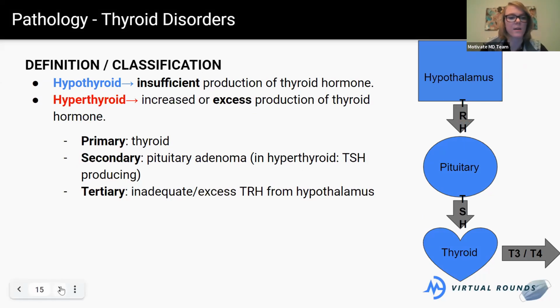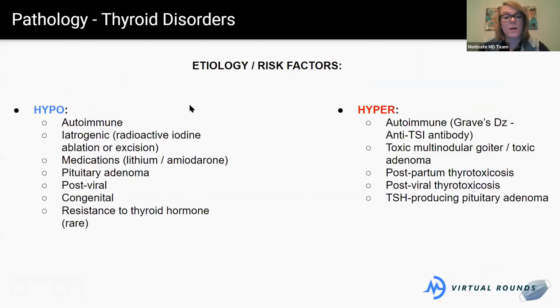I appreciate the feedback. Okay, so in terms of the risk factors for hypothyroidism, we want to talk about autoimmune causes. So that's Hashimoto's. We want to talk about iatrogenic causes. This would be primarily, for instance, in Graves' disease.